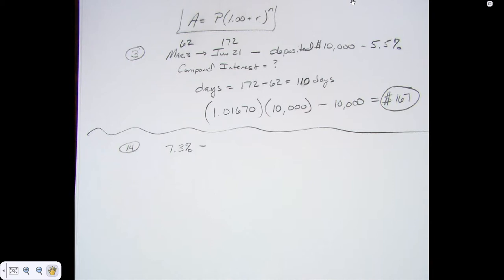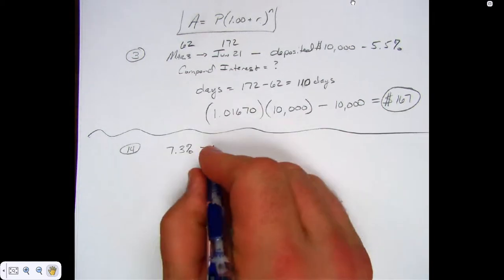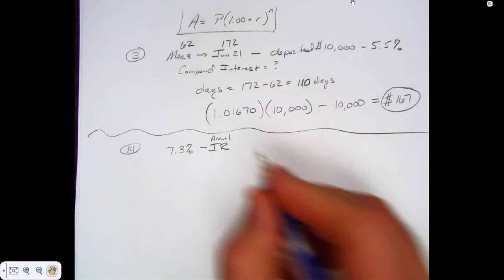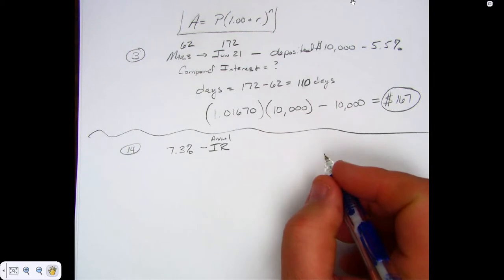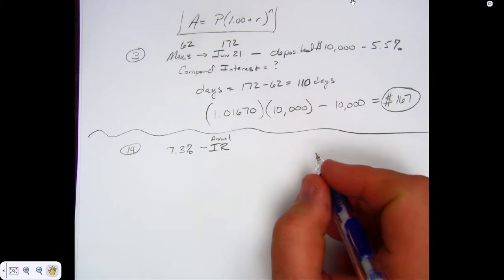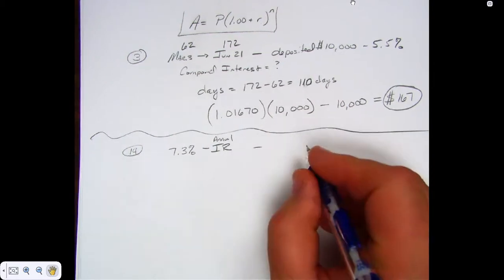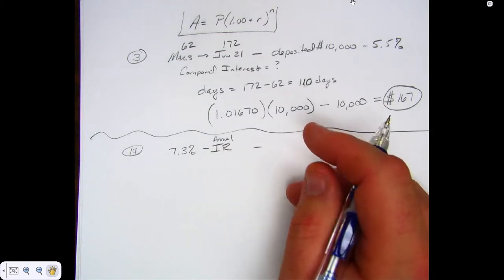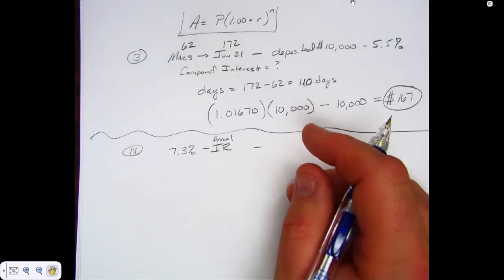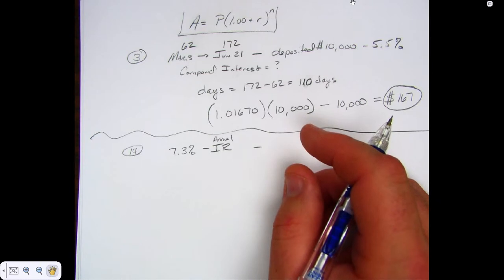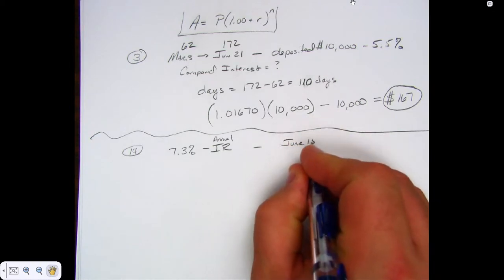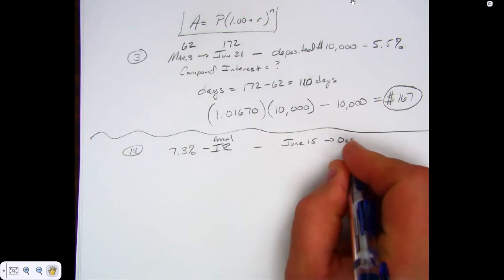Now, that's our interest rate, and it's annual. It says, use compound interest formula from lesson 5.6 to find the interest of $20,000, 7.3% compounded daily from June 15th to October 15th. So we're going from June 15 to October 15.